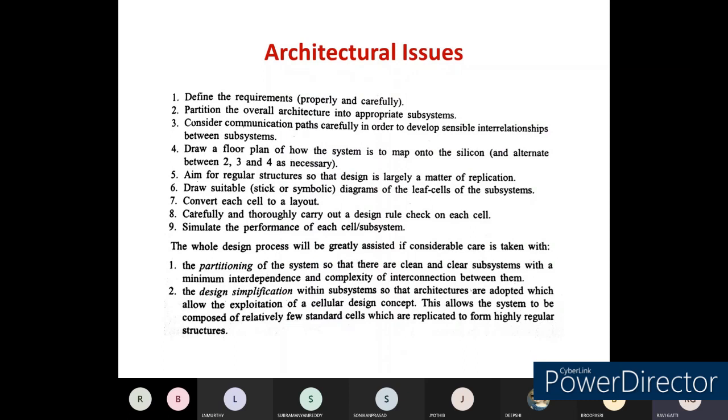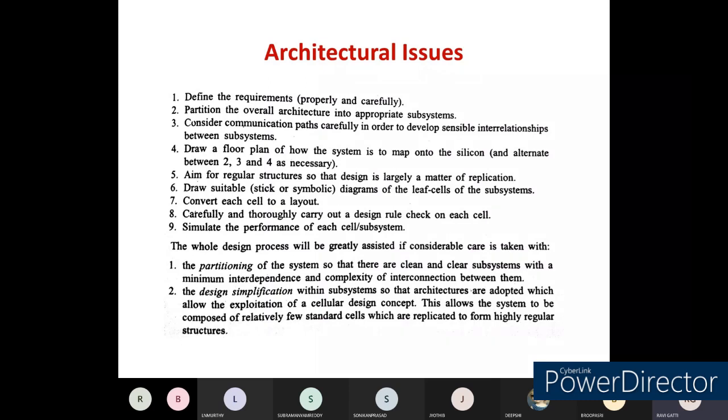The third one, as I told you, the communication path. You need to divide the system into subsystems. So when you divide the system into subsystems, how will these subsystems communicate, what data paths are you going to establish between two subsystems, what controlling signals are necessary, whether these subsystems should operate concurrently or sequentially, and who has to have control over these subsystems, who has to do the controlling mechanism.